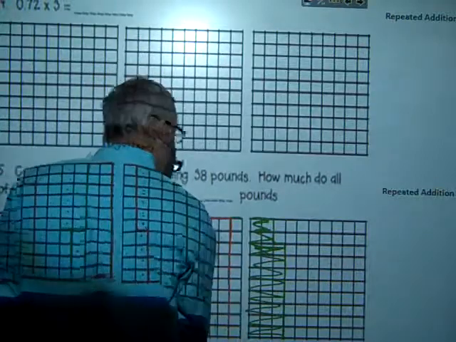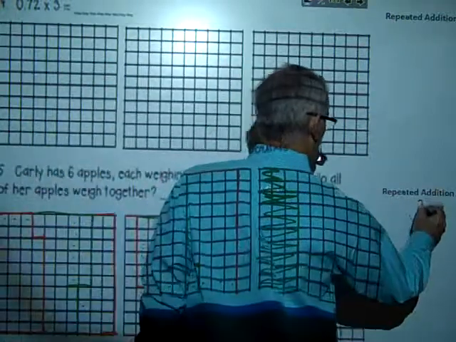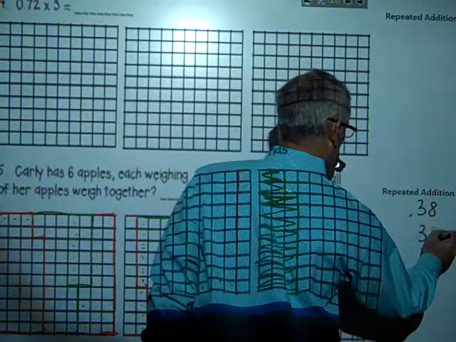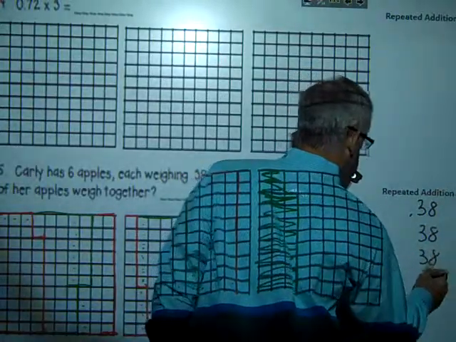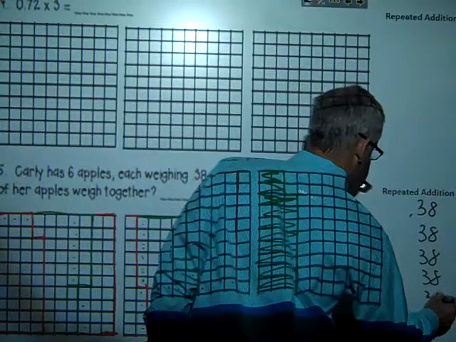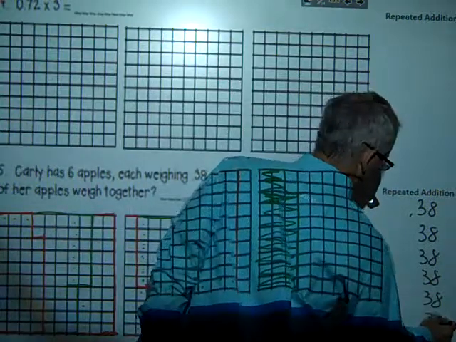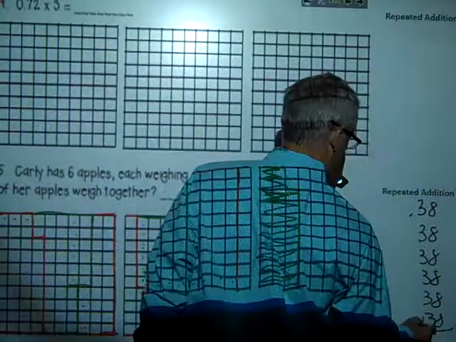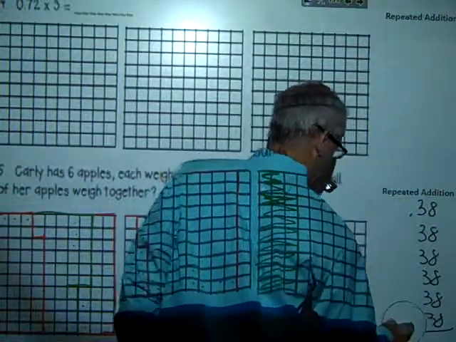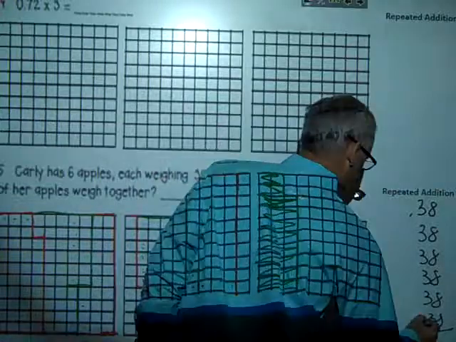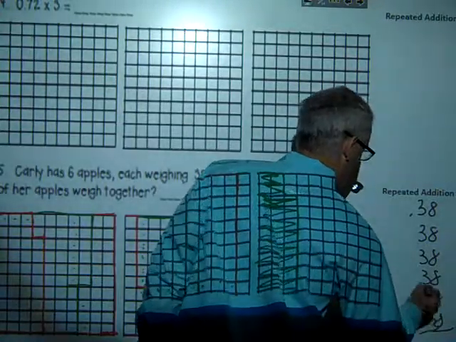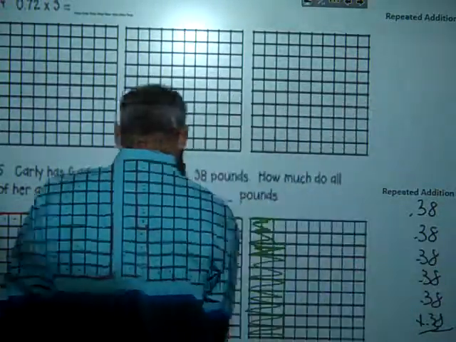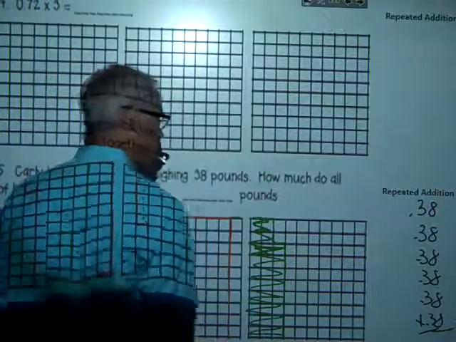Okay? Repeated addition would be 38 hundredths. How many times? 6. That's a lot, isn't it? Do we have to shade it in? Yeah, you'll shade in 38 hundredths 6 times.